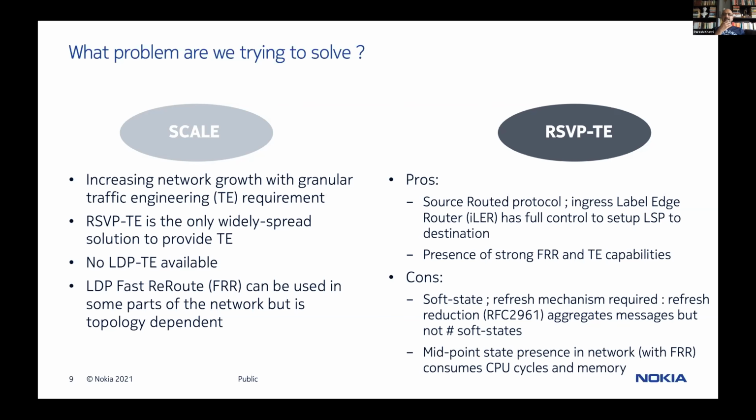Now, remember, I said that one of the objectives here is to make sure that the intermediate routers in a network, the transit routers, do not carry a lot of state information. In the case of RSVP-TE, they're carrying state information of every single LSP. So that's not a great architecture. When we talk about good protocols, we talk about something called the end-to-end principle, where we confine the intelligence to the edge and keep the core very simple.